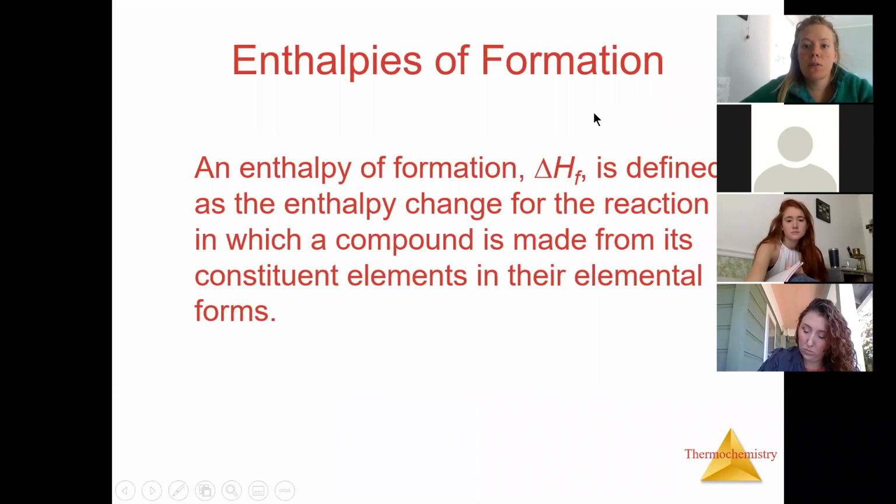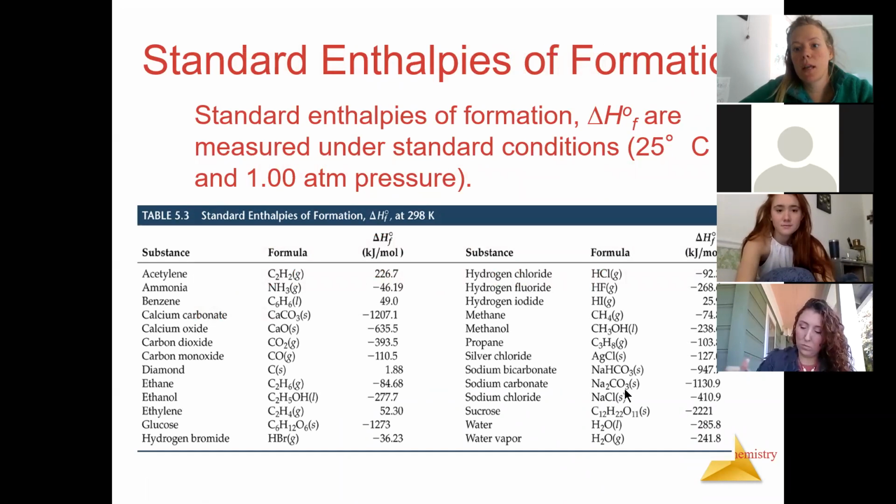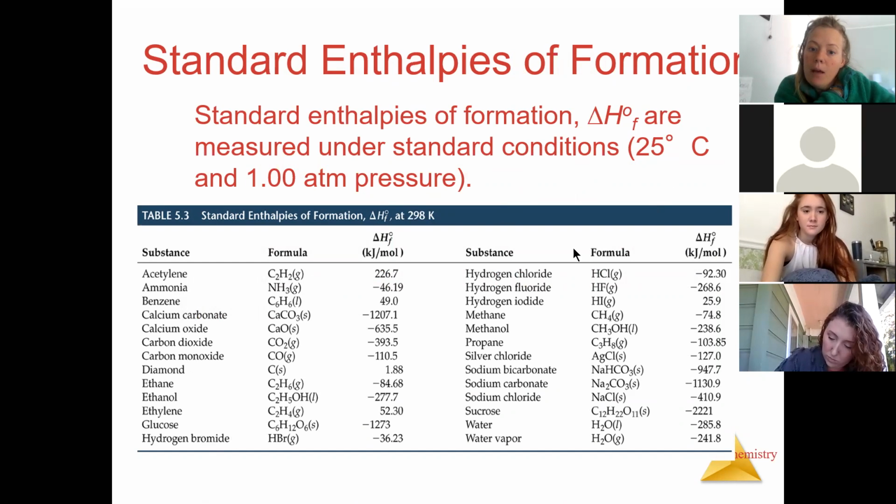So where are those enthalpy of formations? Well, they'll be in an appendix or the values will be given to you. And they are set at standard conditions, so 25 degrees Celsius and 1 atm. So here are some of the delta H of formation for common compounds.